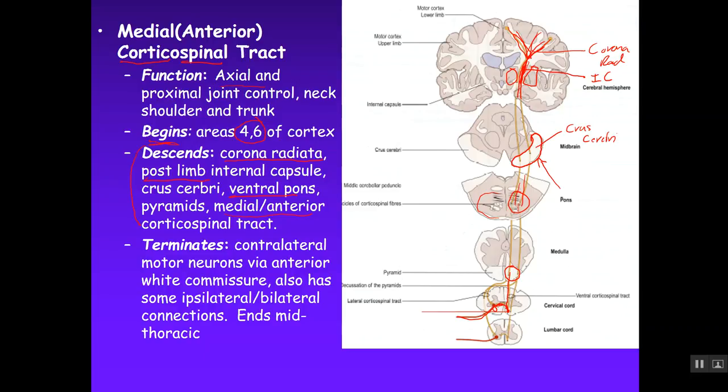However, it's not that simple. I wish it was. Know that the medial activating system, I don't know why my pen is malfunctioning and throwing those little straight lines in there, but there's also some ipsilateral and bilateral connections with this. It's not purely contralateral. So what I want you to know is it's not a pure contralateral pathway.